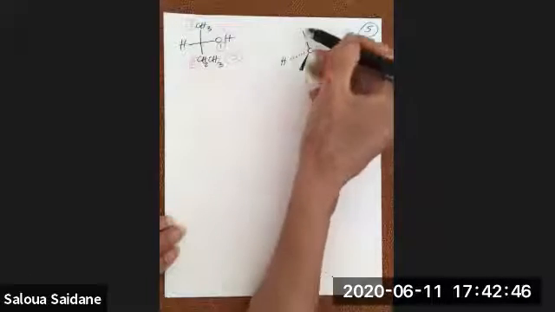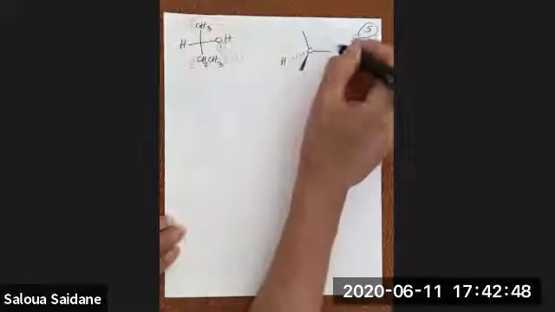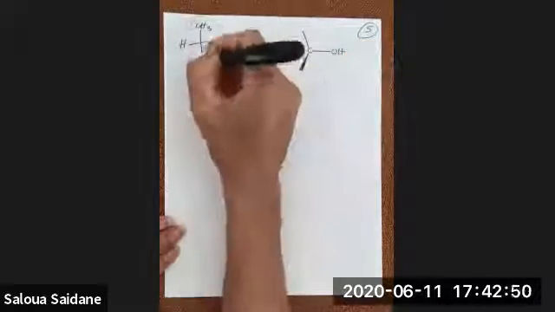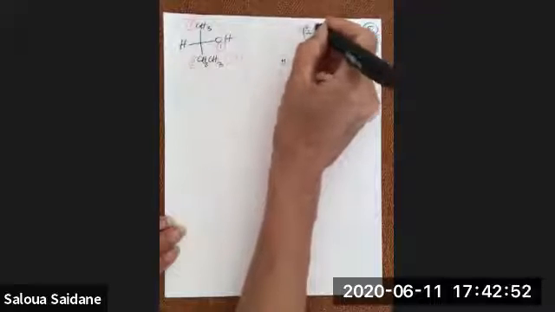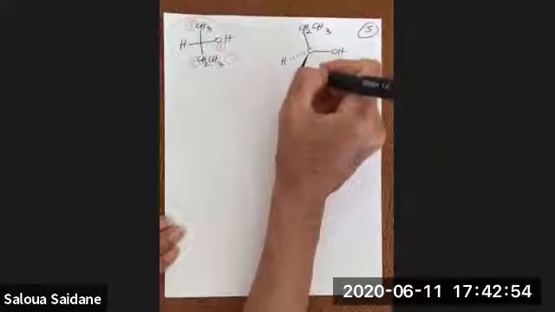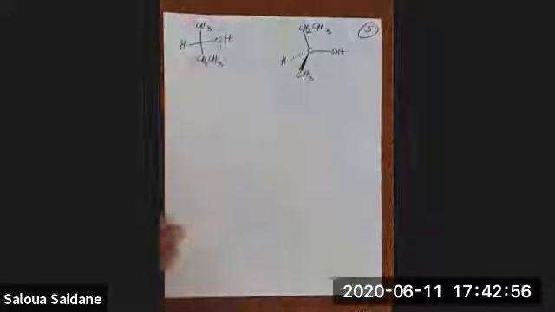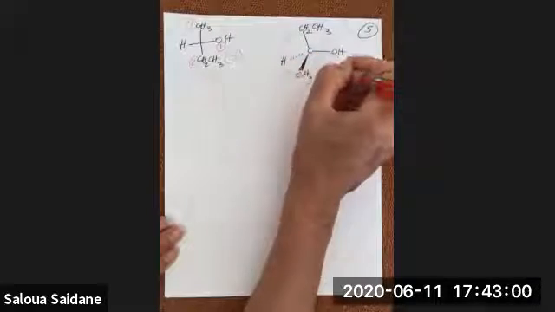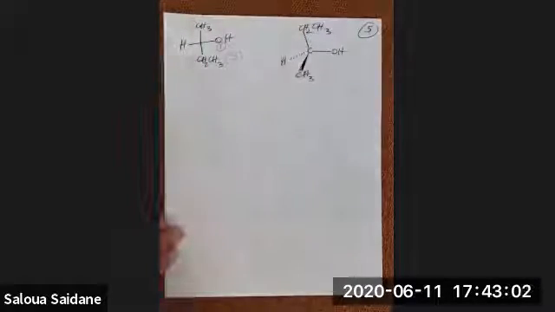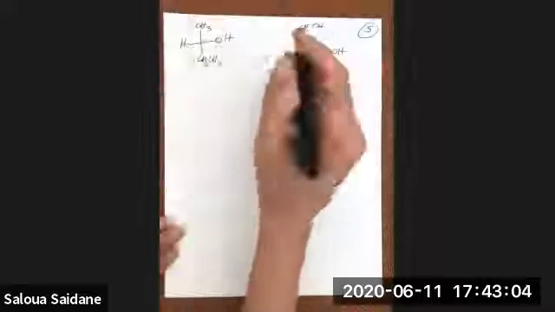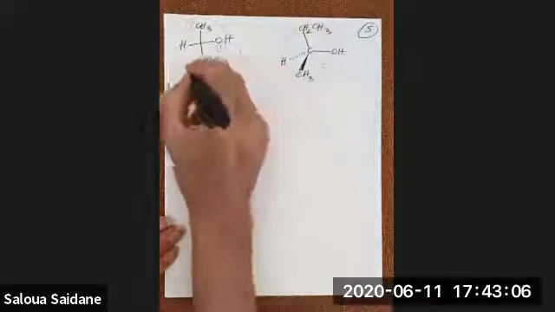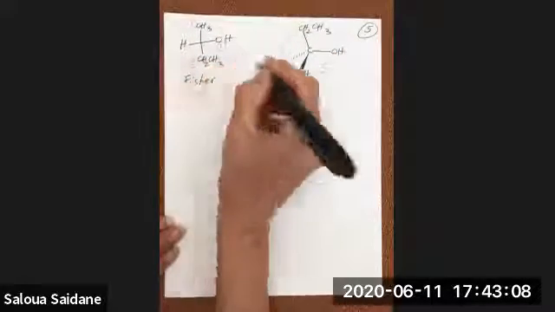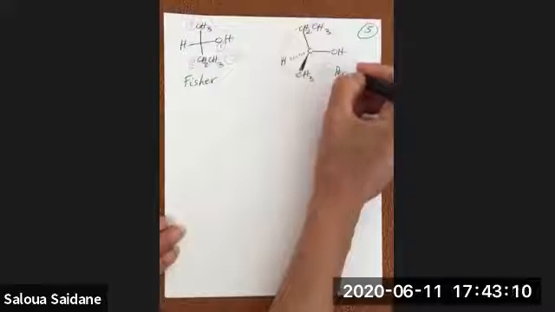So I can put 1, 2, 3. So this is 1. 2 would be CH2, CH3, and then CH3. So you see that this is 1, 2, 3. So that's an S. That's the same as this. That's how you go from Fischer to perspective.